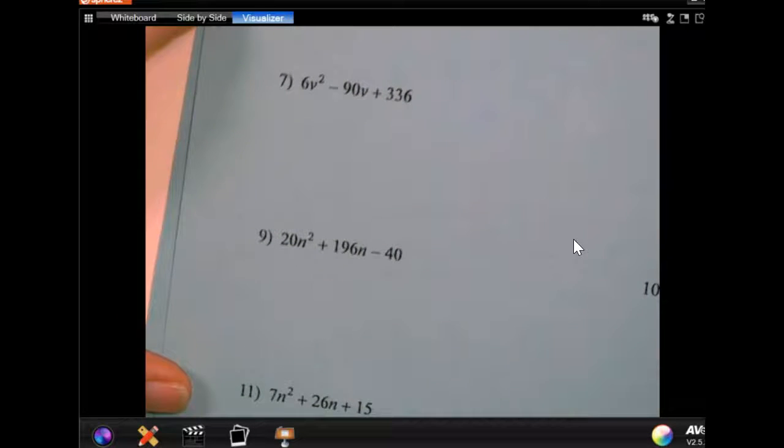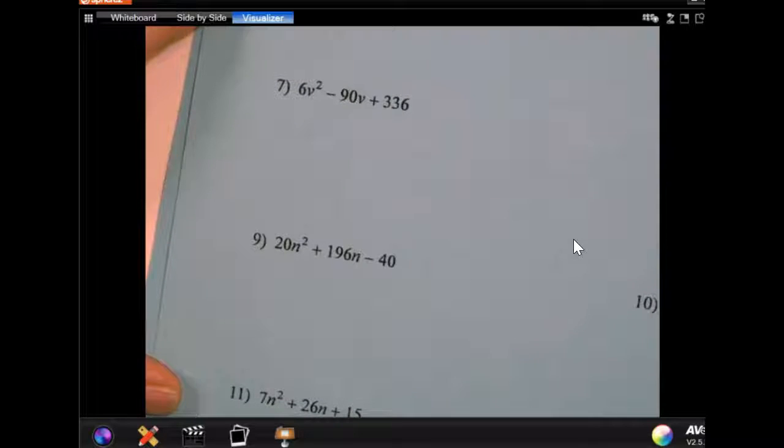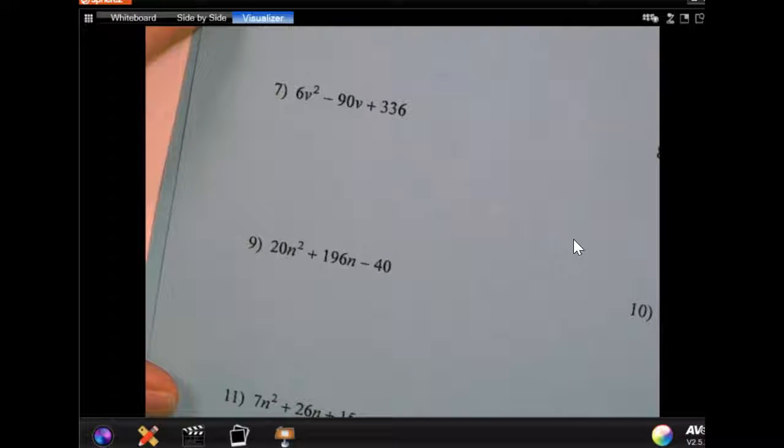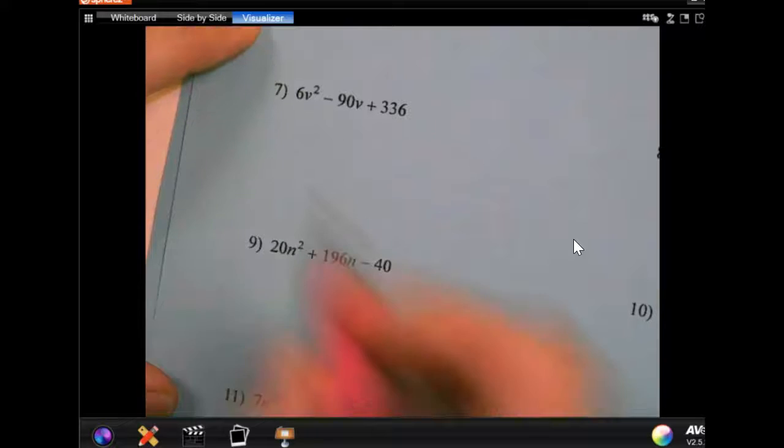So starting at number 7. So those are some bigger numbers. That's okay. So what should we start with, do you think? So what would you try? I would try 6 and see if we can get rid of the 6.